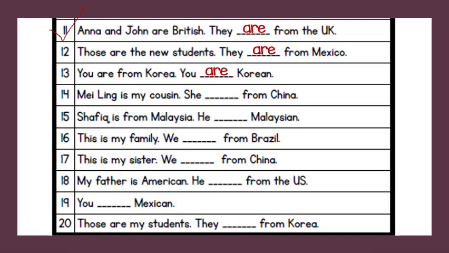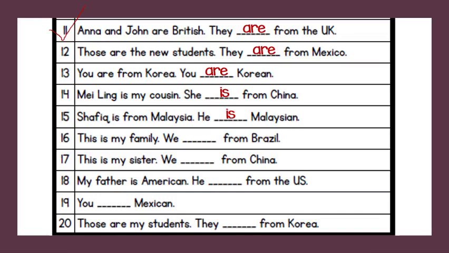Number 14, Mei Ling is my cousin. She is from China. Another tick if you got that correct. Number 15, Shafiq is from Malaysia. He is Malaysian. Again, another tick if you got that correct.